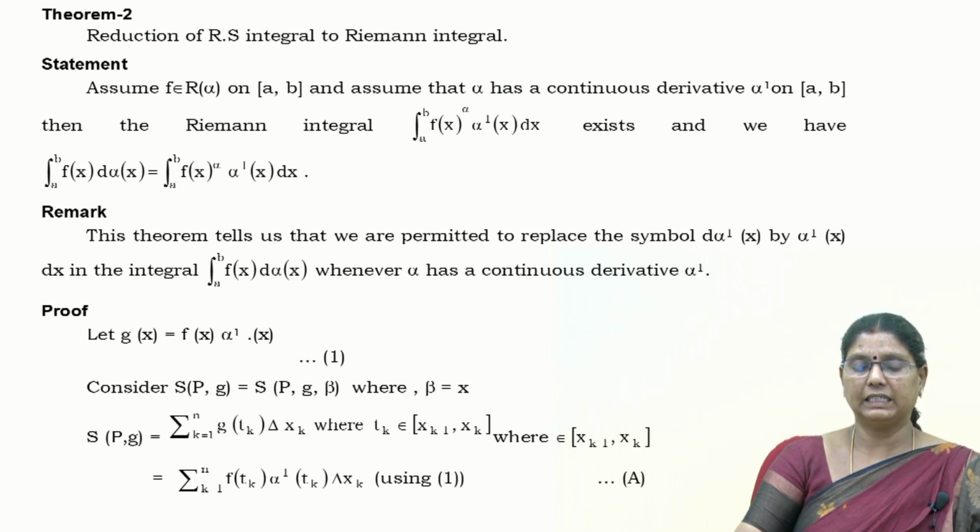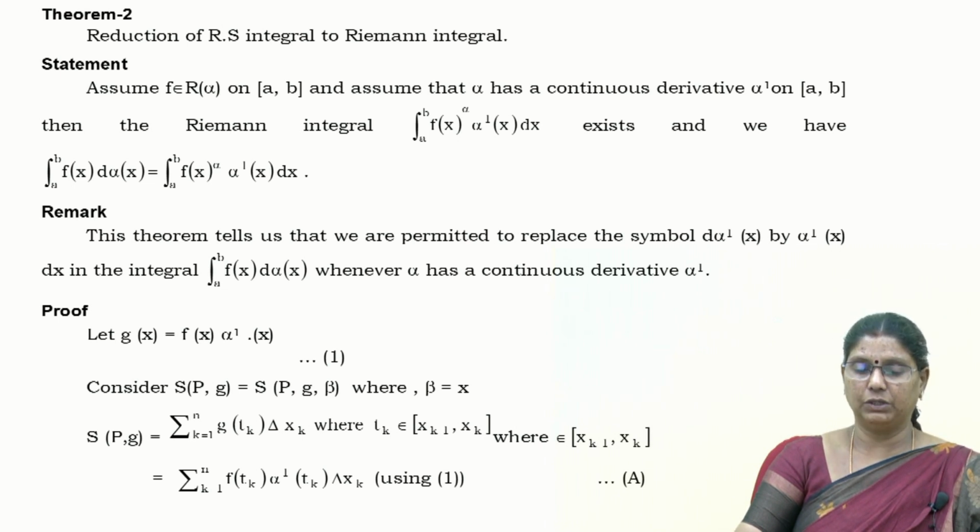Now let us consider the function g of x, which is nothing but f of x into alpha dash of x. Consider the Riemann sum S(P, g), that is S(P, g, beta) where beta equals x. Here S(P, g) denotes the Riemann sum, that is the sum for k from 1 to n of g of tk into delta xk, where tk is an interior point in the kth subinterval.